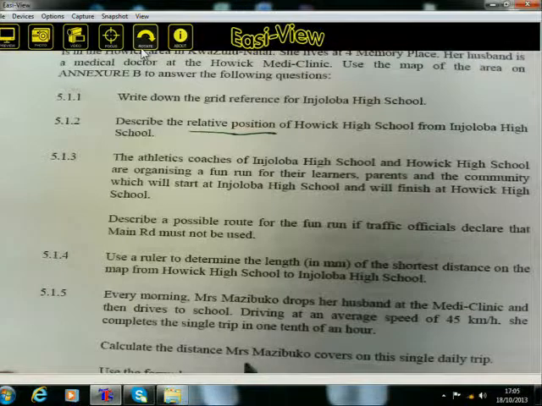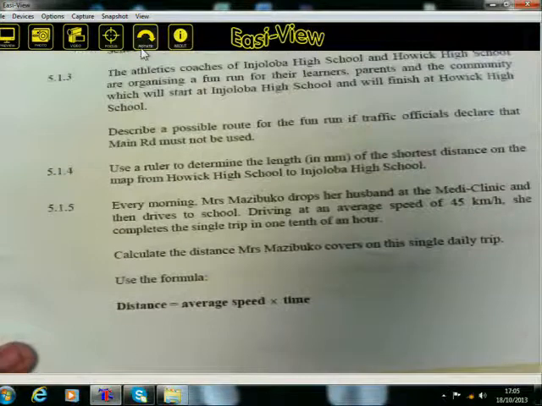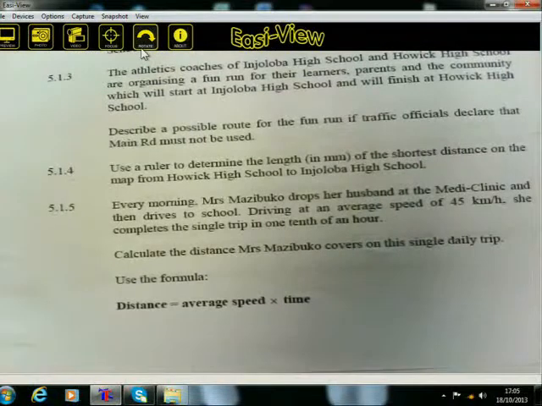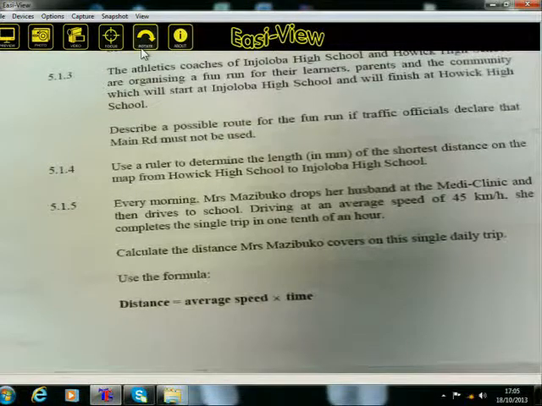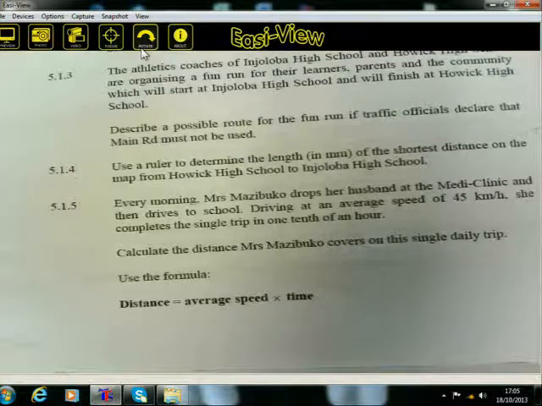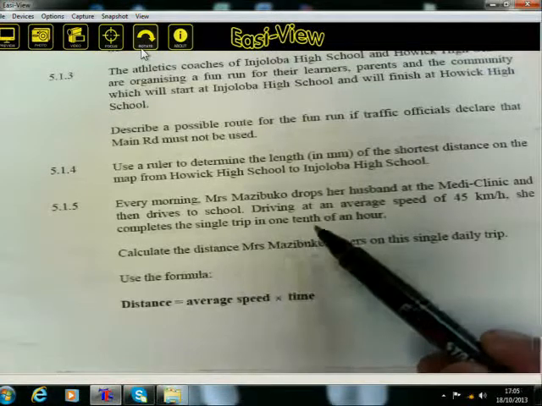Calculate the distance she covers on this single daily trip. Our average speed is 45 kilometers per hour. She completes the single trip in 1/10 of an hour.